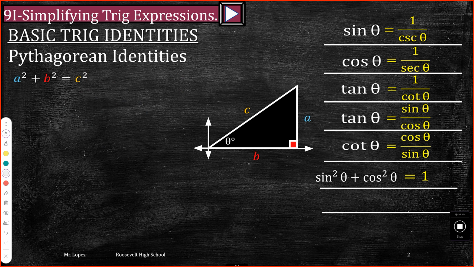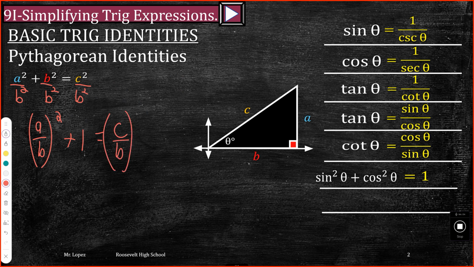Alright, what if now I divide everything by b squared? B squared divided by b squared is 1, so I'm going to get a squared over b squared plus b squared over b squared, which is 1, equals c squared over b squared.